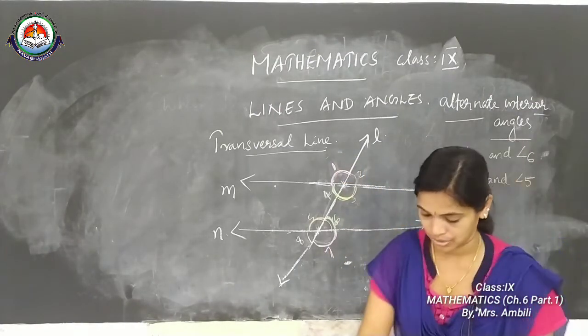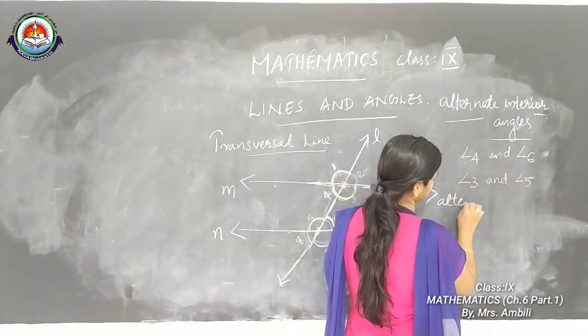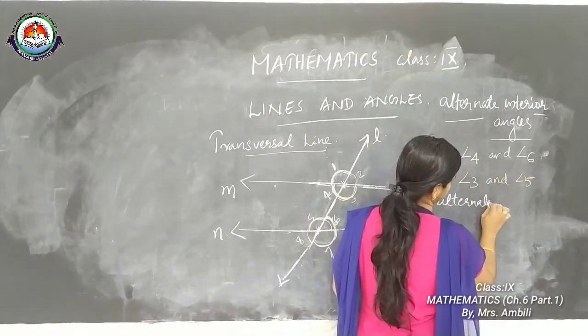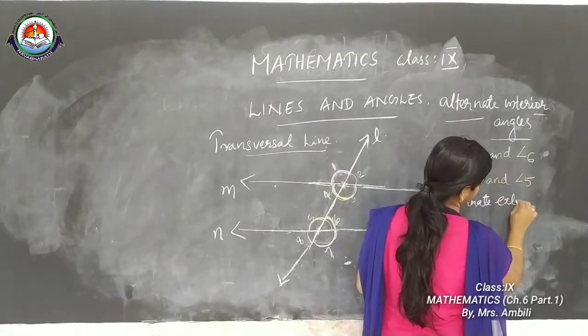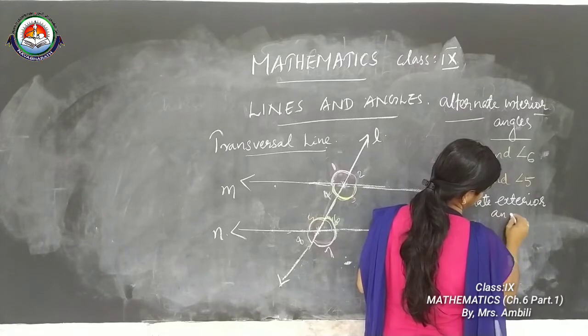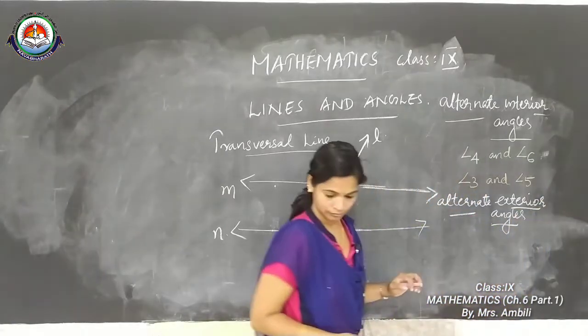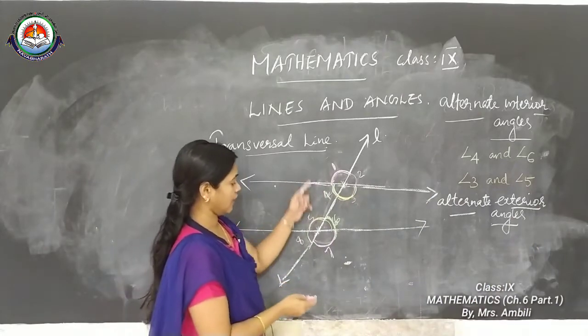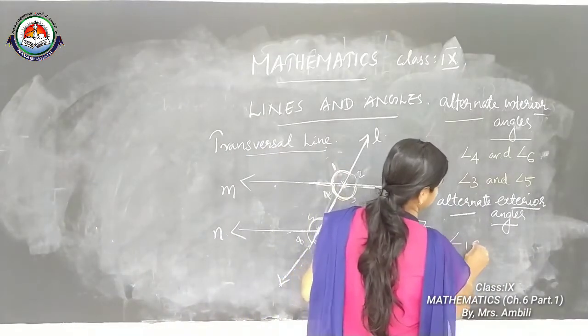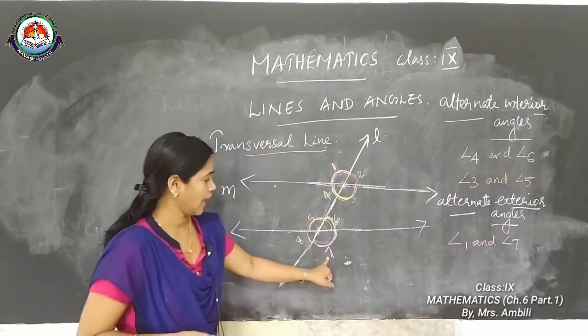You can write alternate exterior angles: angle 1 and angle 7.